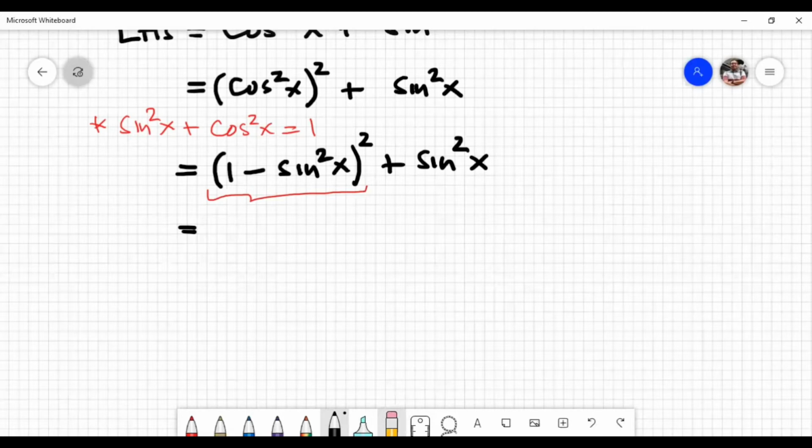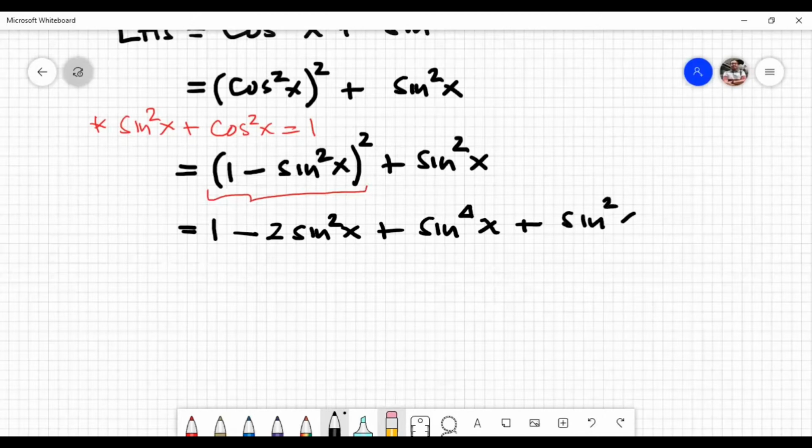So remember 1 square, which is 1, and then this must be 2 times minus sine square x times 1, which is minus 2 sine square x, and then this becomes plus sine to the power of 4x plus sine square x.